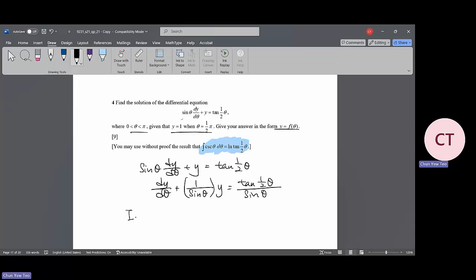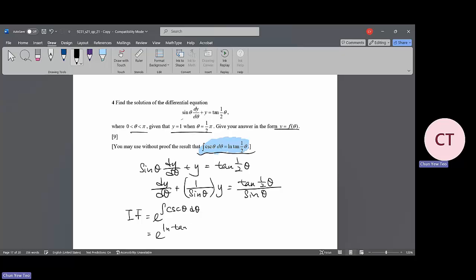Then your IF is equal to the integral of 1 over sine, which is cosecant. Then we can make use of this result. Integrating cosecant, you get log tangent half theta. So you get e to the power of log tangent half theta.